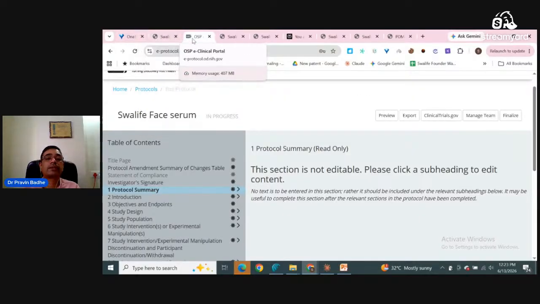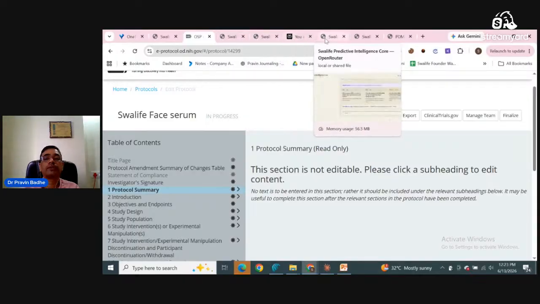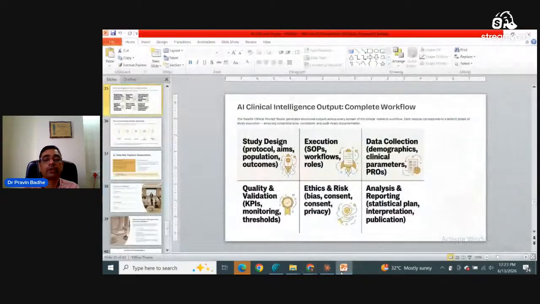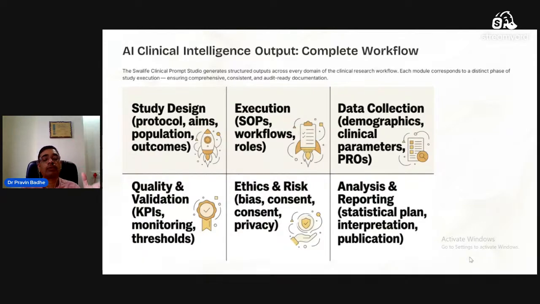Okay, so that's about getting information from the predictive intelligence with the help of the Prompt Studio. You will get the designing information. So the output of your clinical intelligence is the study design, that is the protocol, and all the aims and the populations which will be there.